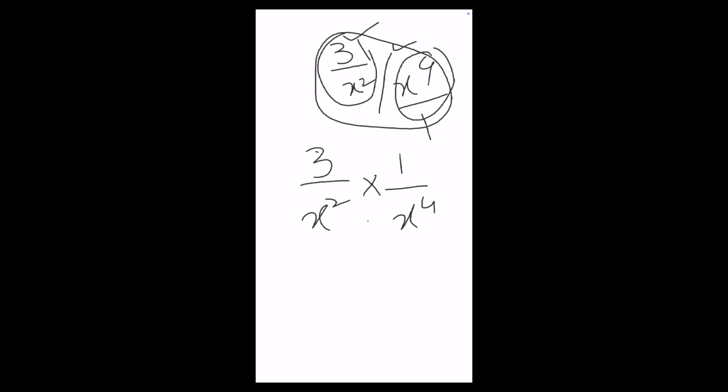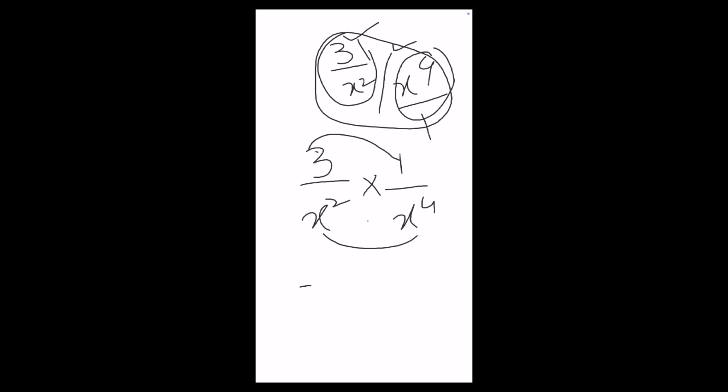Now, because we have to make the simplest form in order to get the answer, what we have to do is, the way we multiplied previously 3 with 1 over x squared, here we are multiplying them as well.